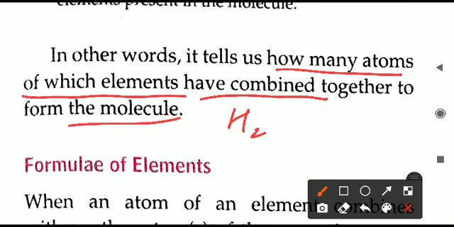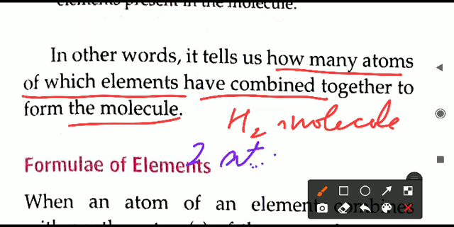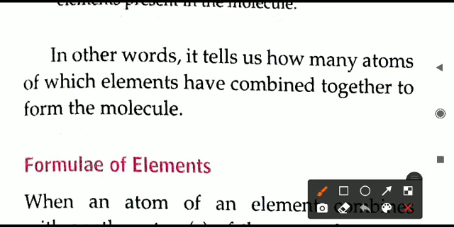If we write H2, H2 is a molecule of hydrogen. By this formula we get the information that it has two atoms, and these two atoms are of hydrogen only. Similarly, if I write H2O, H2O is a water molecule.